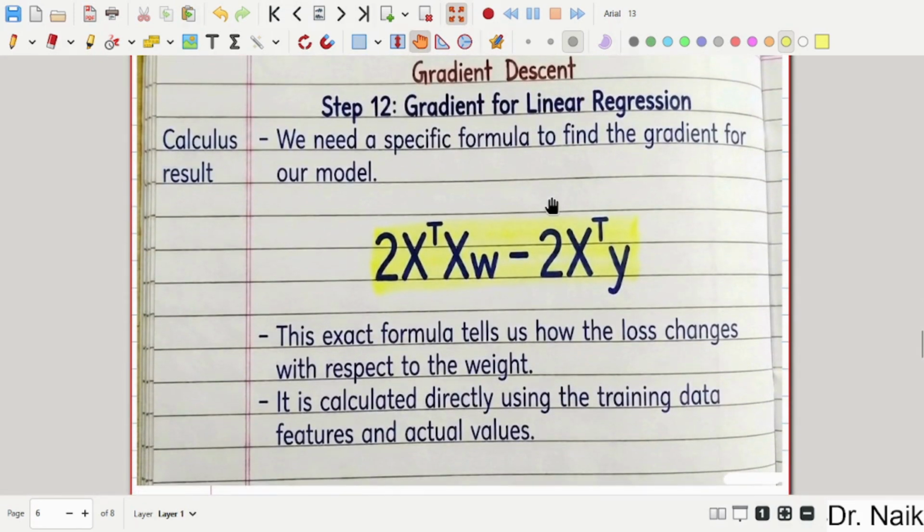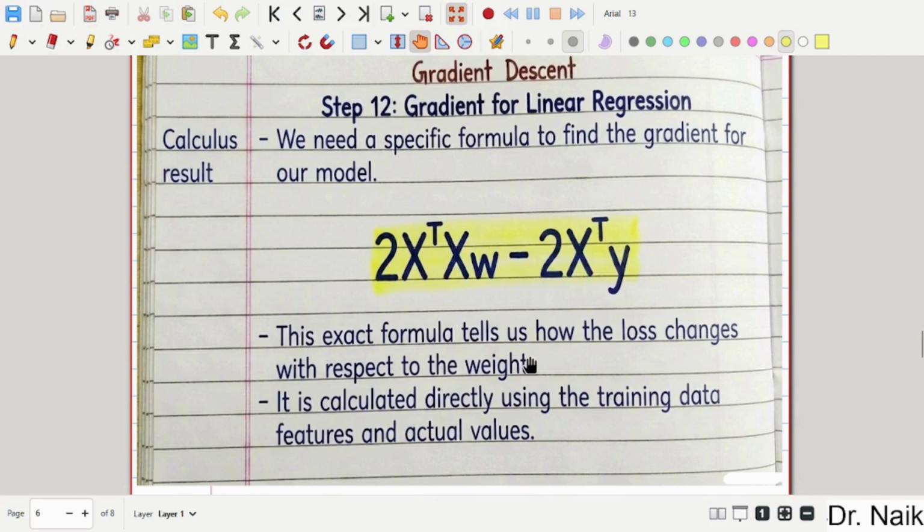We need a specific formula to find the gradient for our model. That formula is 2 times X transpose X into W minus 2 times X transpose of y. So the gradient is calculated by 2 multiplied by X transpose X multiplied by W minus 2 multiplied by X transpose multiplied by y.